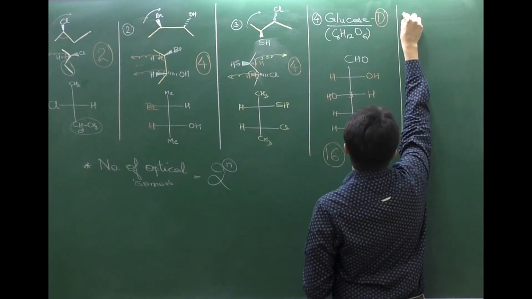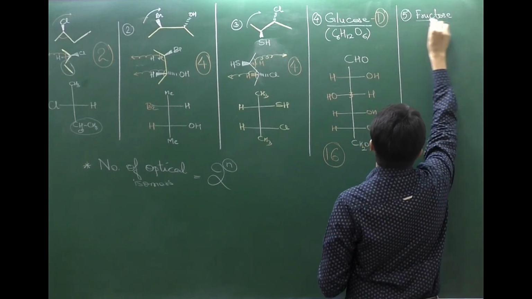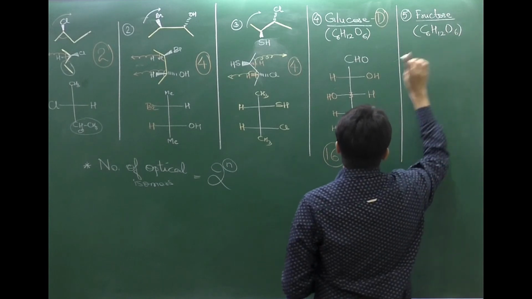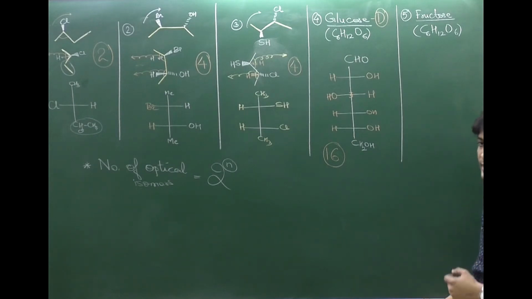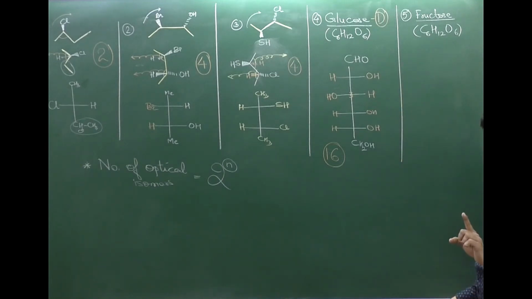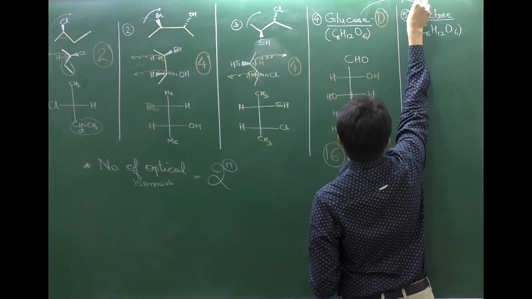Glucose and fructose have the same formula, so they are isomers of each other, but glucose and fructose have different functional groups. Glucose has an aldehyde, fructose has a ketone, so they are not stereoisomers, they are structural isomers, more specifically functional isomers.